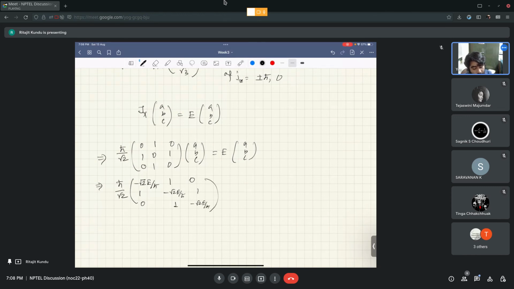You see I have taken common the h bar by square root 2, because E didn't have it, so I have to divide it by the same thing. And this times (a, b, c).